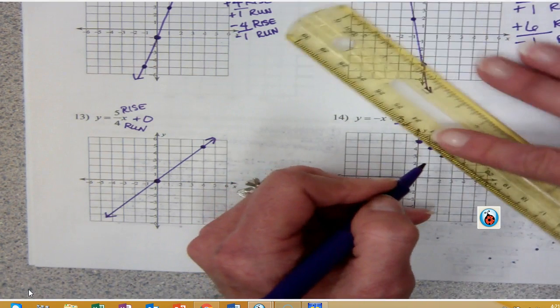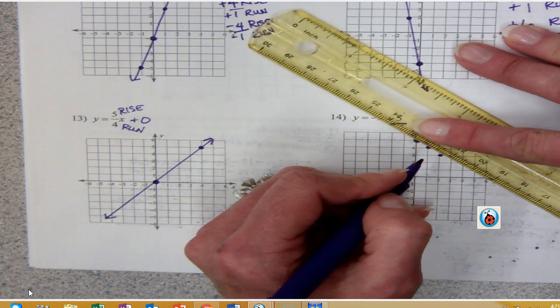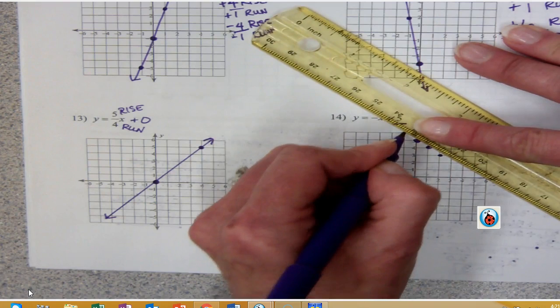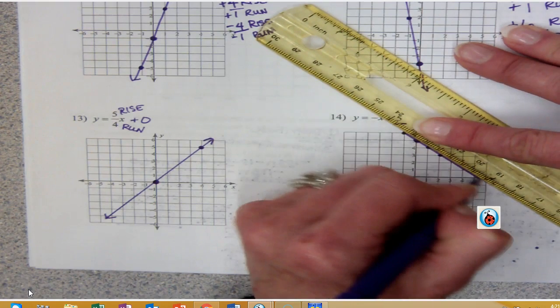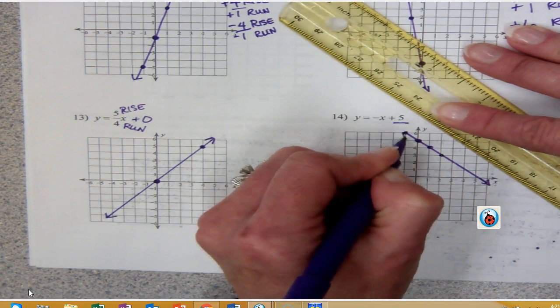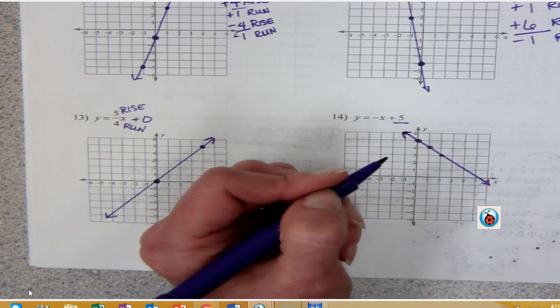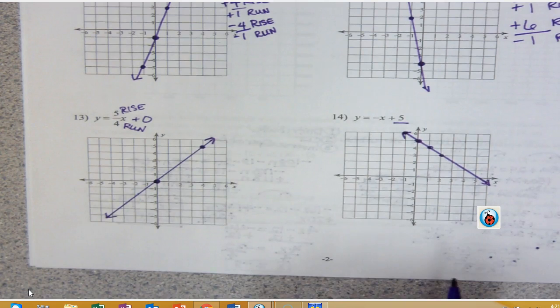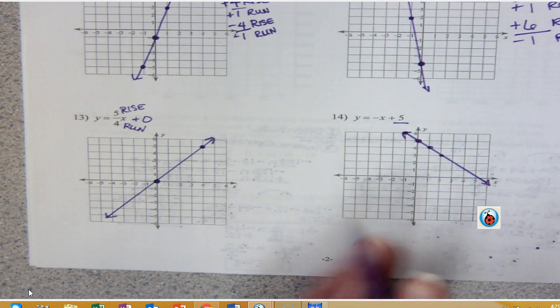We know that we have to have one of those be a negative and one be a positive in order to keep my negative slope. If you're confused about that, the more you practice it, the easier it's going to get. That's what my line should look like. Okay?